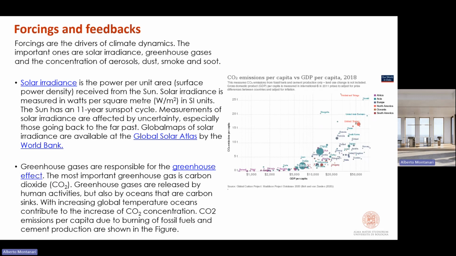Without the magnetic field, which is like a screen that protects the atmosphere from the solar irradiance, the irradiance is not filtered by the magnetic screen and destroys the atmosphere. So this is why now over Mars there is no more atmosphere.